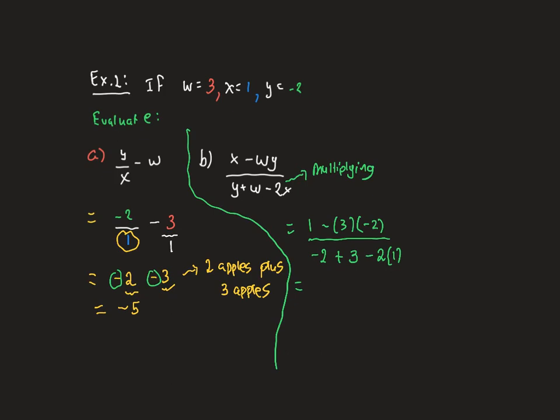So the best thing for you to do here is evaluate the top first. Okay, and then focus on the bottom. So forget the bottom is here right now. So I have 1 minus, well, I have 3, nothing in between, so they are multiplying.